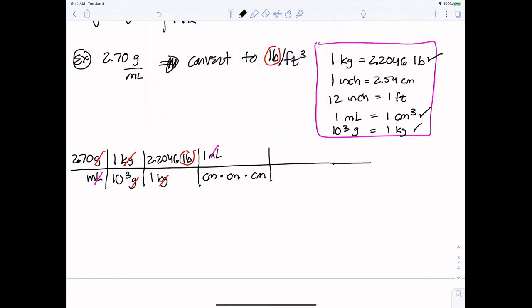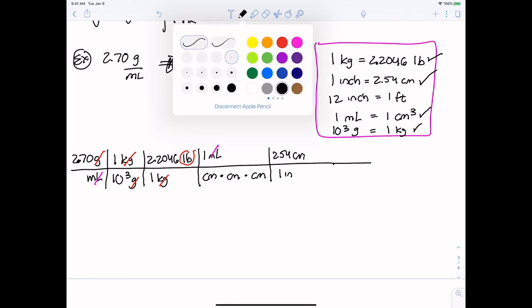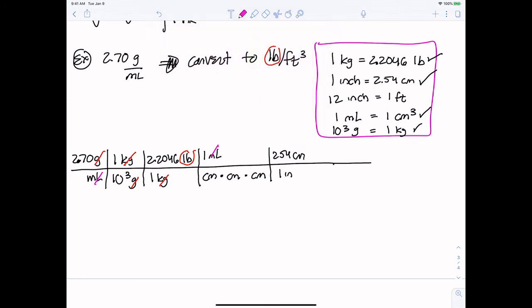So I now have centimeters on the bottom. I'm going to go back to my list. I'm going to grab the one that has centimeters in, which is this one, because centimeters on the bottom, it goes on the top. So 2.54 centimeters, and then 1 inch goes on the bottom. So this is where you have to be careful. This centimeters only cancels one of those centimeters, right? Centimeters does not cancel centimeters cubed. Centimeters cancels centimeters.